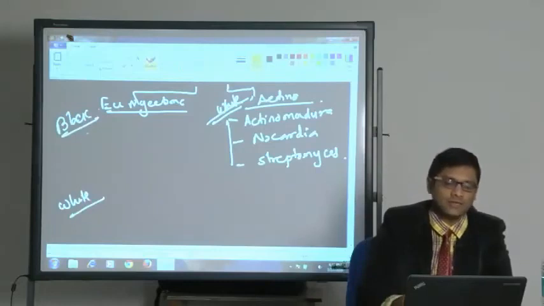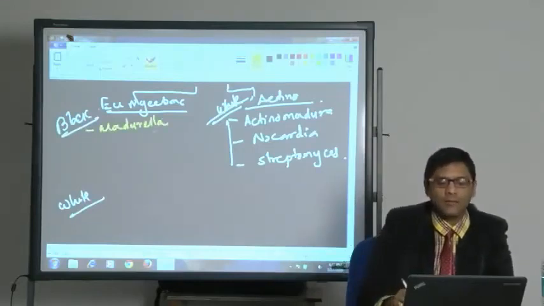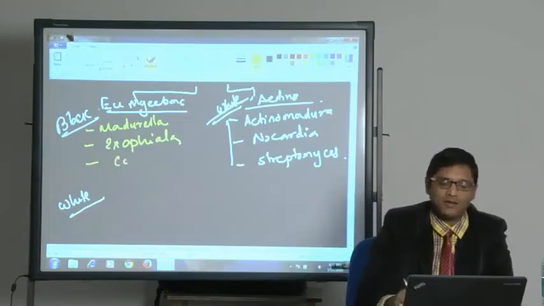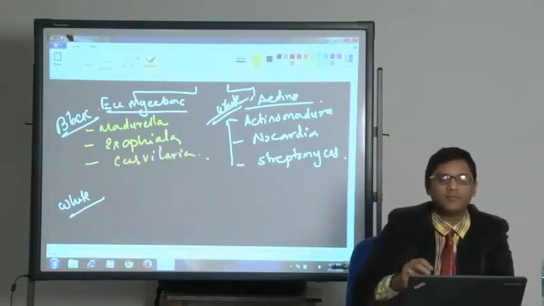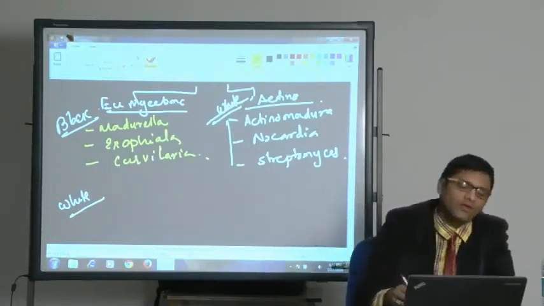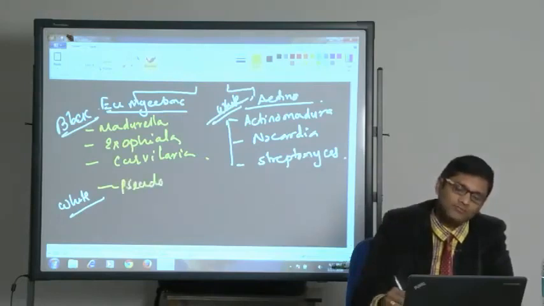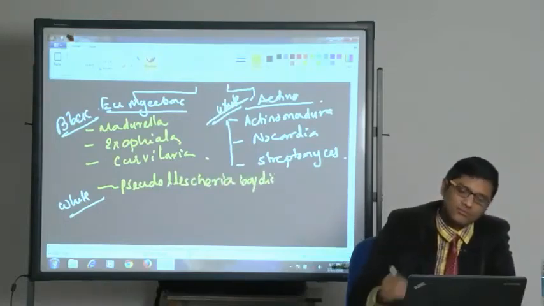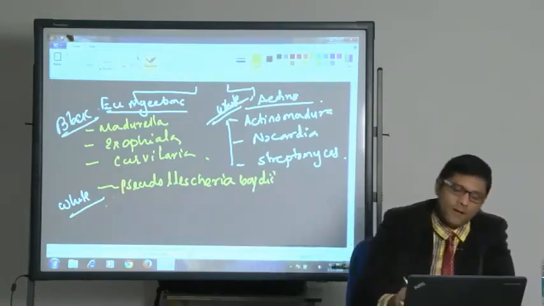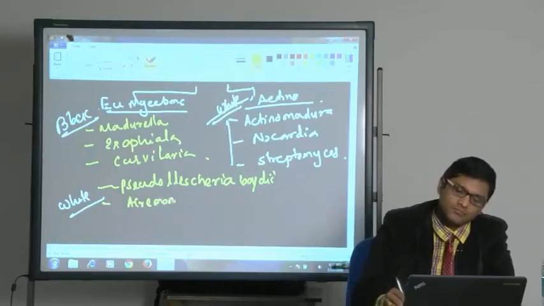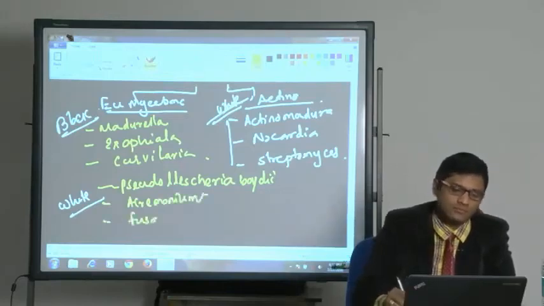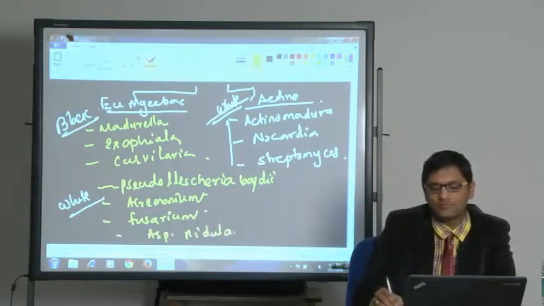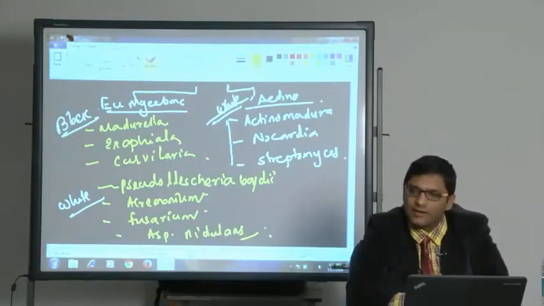Black granule mycetoma agents are Madurella mycetomatis, Exophiala, and Curvularia. White granule mycetoma agents are Pseudallescheria boydii, Acremonium, Fusarium, and one species of Aspergillus called nidulans.